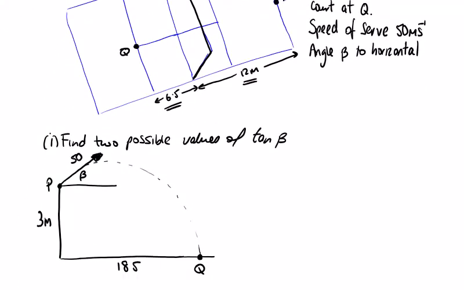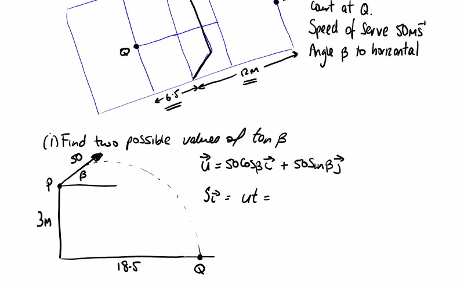So if I write down my initial velocities, it's going to be U. We have the U is 50, and the angle is beta, so 50 cos beta in the I direction, plus 50 sine beta in the J direction. We have the distance in the I direction, so S in the I direction, no acceleration, so UT.